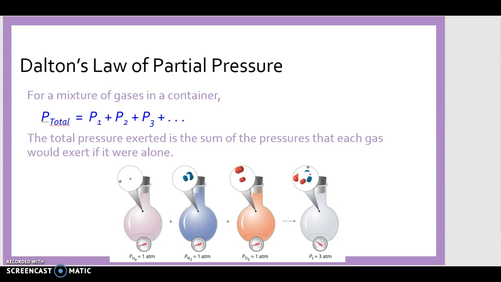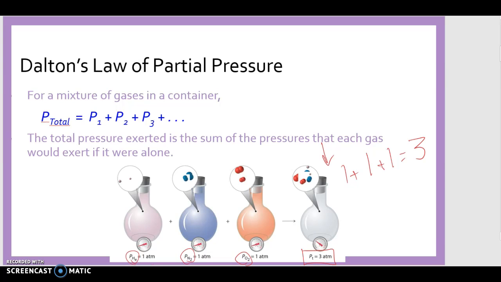Here, we have helium and nitrogen and oxygen. So the total pressure in there is the sum of all those. So 1 atm plus 1 atm plus 1 atm equals the total pressure inside of the container with all of them. So the answer would be 3 atm.